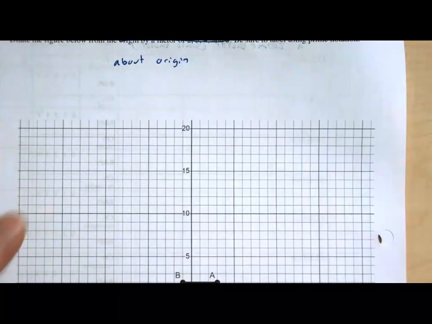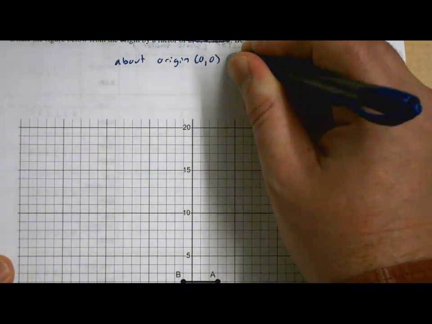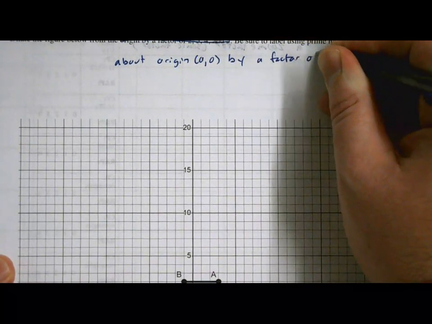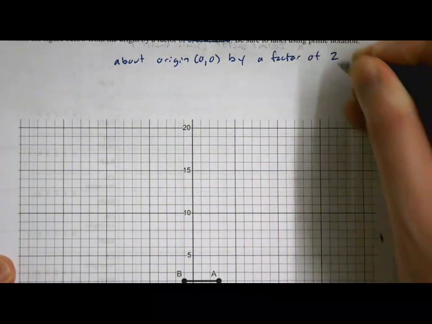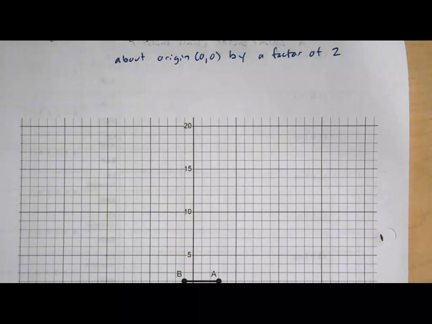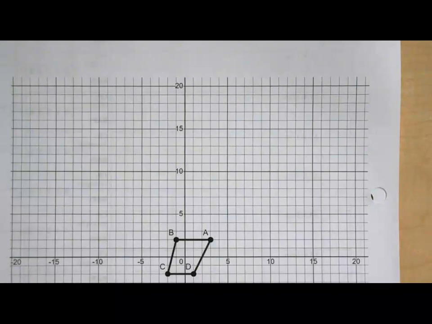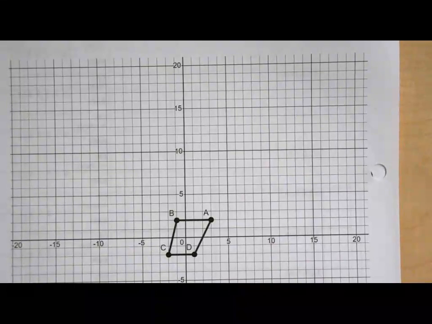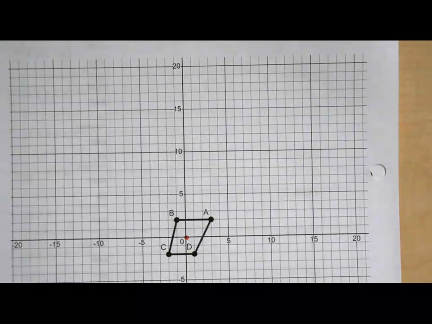You guys know the coordinates of the origin? 0, 0. By a factor of, let's go 2. So we're going to dilate it about the origin by a factor of 2. The fact that we're doing it about the origin is important, and you'll see why in a moment when we dilate it about a different point.